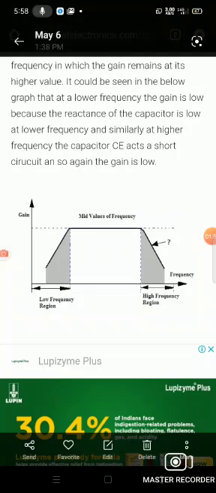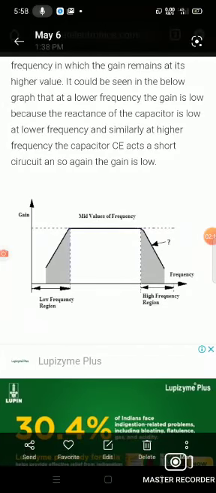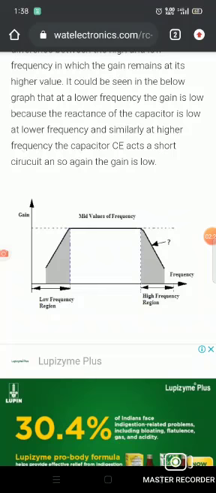At which frequency in the amplifier circuit do we get a good signal strength, a good quality, or maximum signal gain: at lower, higher, or middle frequencies?